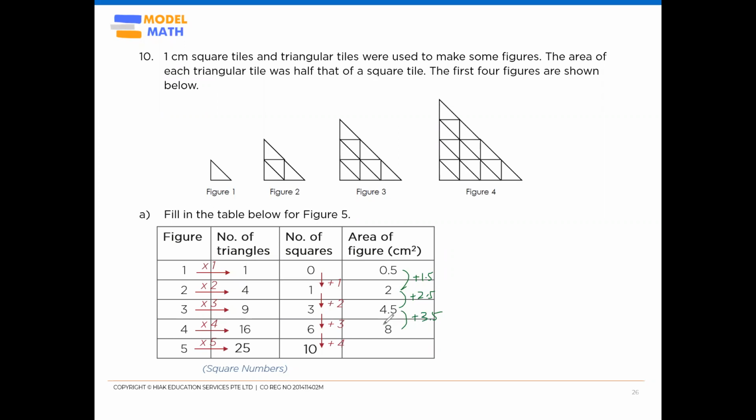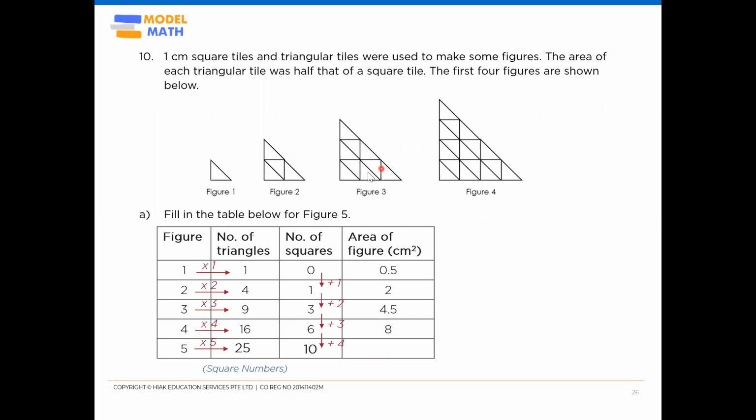Is there a quicker and more efficient way to get your area of figure? Why is that so? Because if you look at your part B question later on, this way of doing is not going to be sustainable. Since the diagram is there, the diagram should be able to tell you some information about how to get the area of figure. And what we know about the area of triangles is half times base times height.